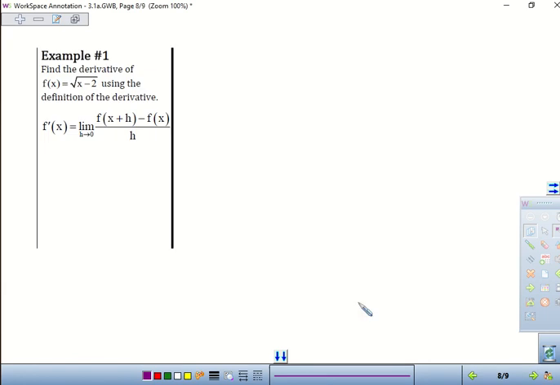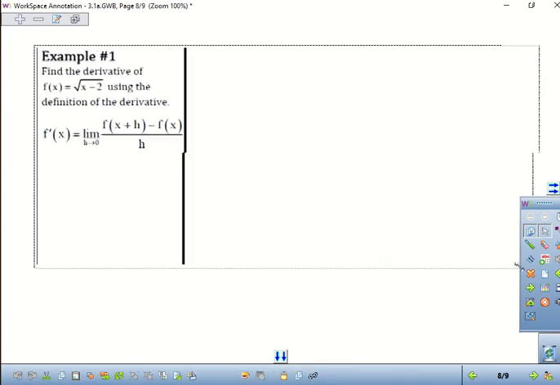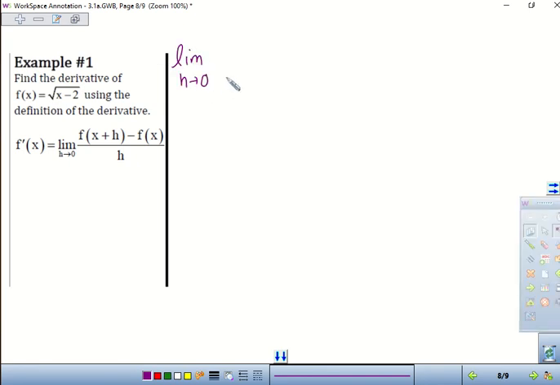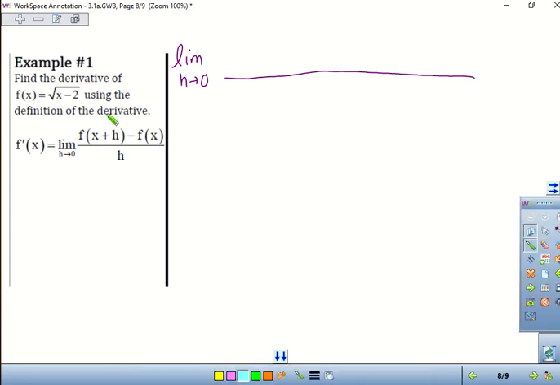Continuing on, we're going to use the derivative formula to calculate the derivative of this function. So step 1 is you're going to look at your function, and your first part of the limit is going to be where you take whatever your function is, and whatever x is, you're going to replace x with x plus h.